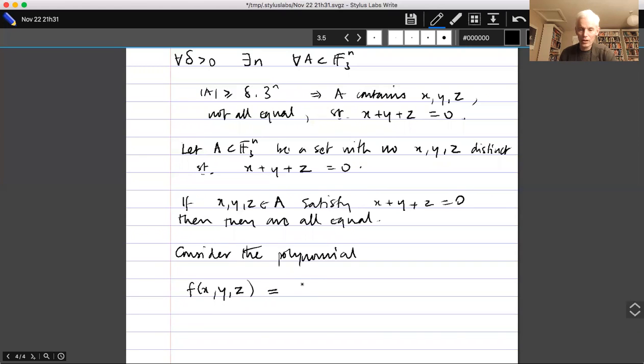equals the product, i equals 1 to n, of 1 minus (x_i plus y_i plus z_i) squared.